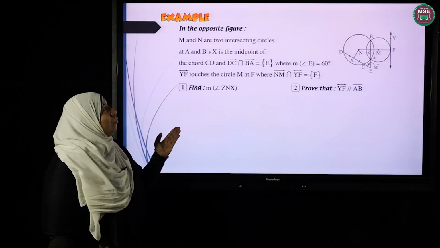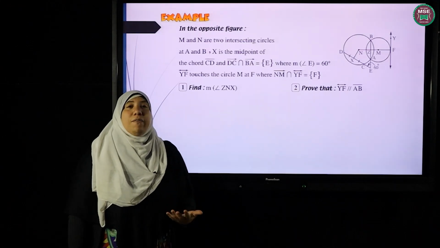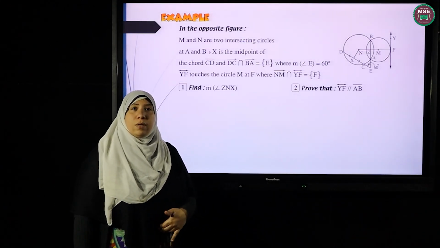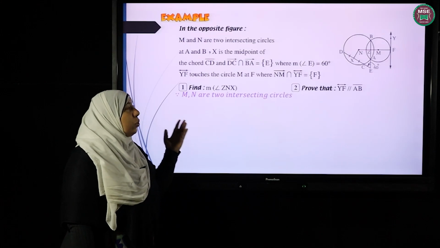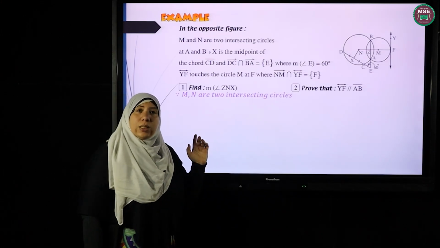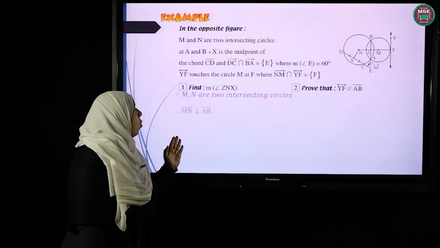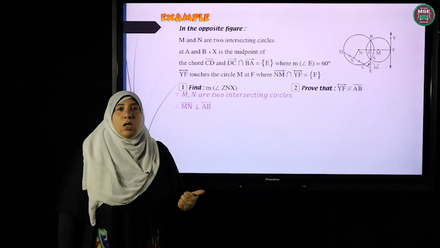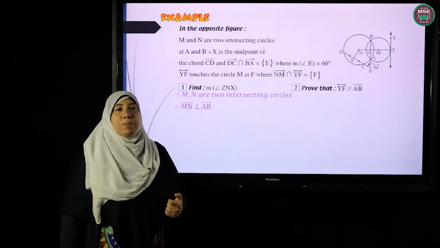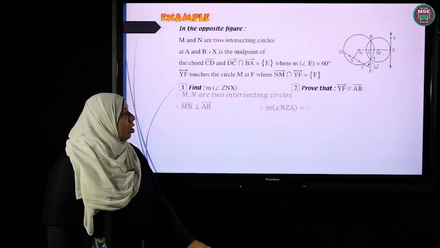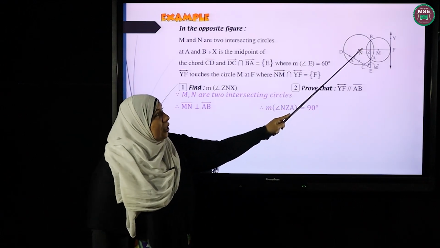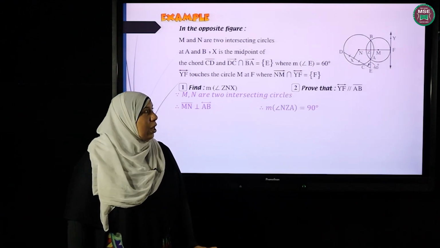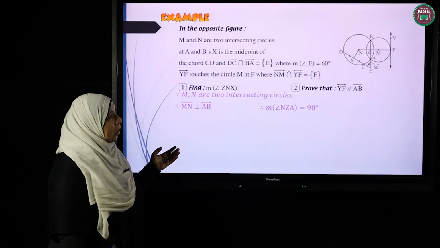One by one. I have two intersecting circles. Is it a given I have to use? Yes. If you have two intersecting circles, as we said in the last slide, therefore MN is perpendicular to and bisects AB. So I have here angle 90 degrees at Z, NZA.